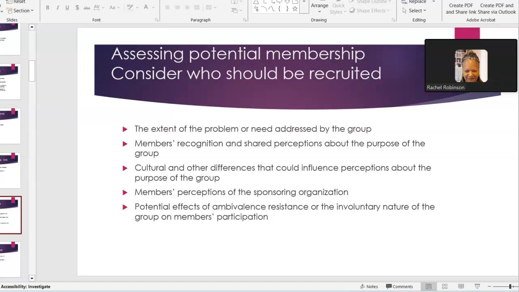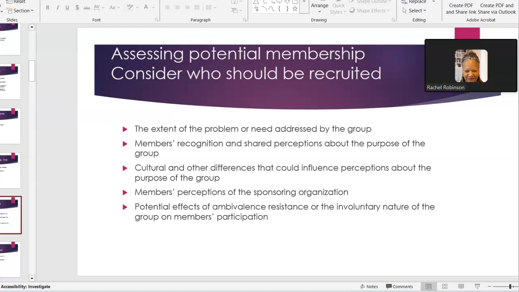So you're proposing the group, you're talking to Nancy about the purpose of the group, but now it's important that the members, potential members, buy into that. You want to look at cultural and other differences that are going to influence the way in which the group members perceive the group or perceptions about the purpose of the group.